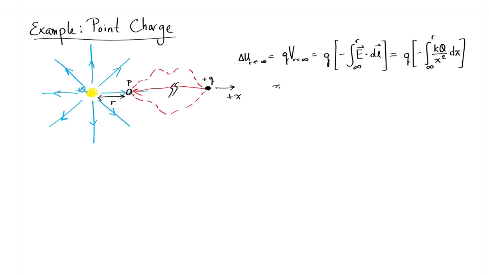When I integrate this, I get a minus kQ over x, but there's another minus here, so a minus minus gives me a plus. It's going to be kQ over x, evaluated at infinity and r.